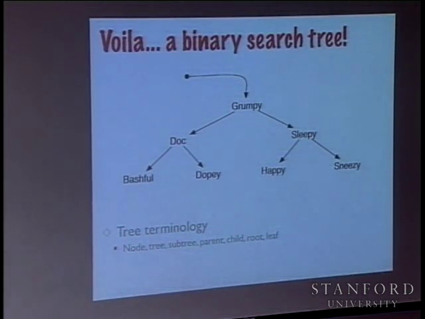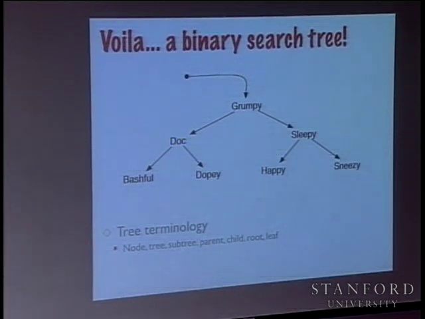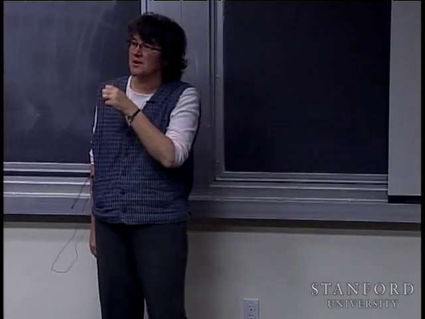That actually means the tree is kind of upside down if you look at it, right? Grumpy's the root and these things are the leaves, which shows that most computer scientists apparently don't get out very much, because they have not noticed that trees actually grow the other direction. But just go with it. You'll be speaking tree speak in no time. So any questions about what we have set up here?